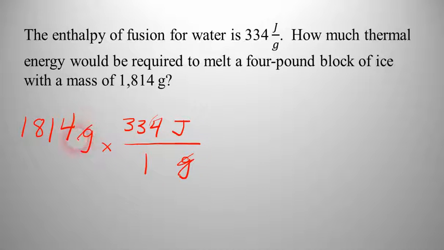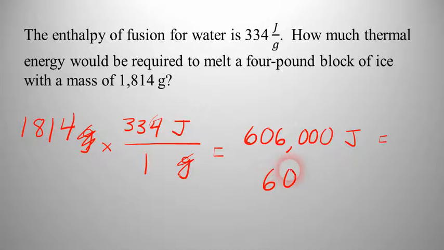Of course, grams will cancel top and bottom, and when we do the arithmetic, we see the answer is about 606,000 joules, or in kilojoules, about 606 kilojoules. That is the amount of heat it would take to melt that block of ice.